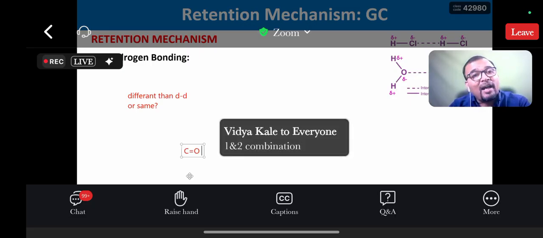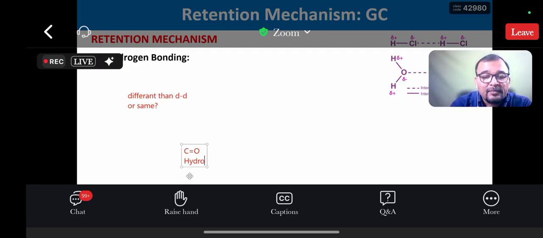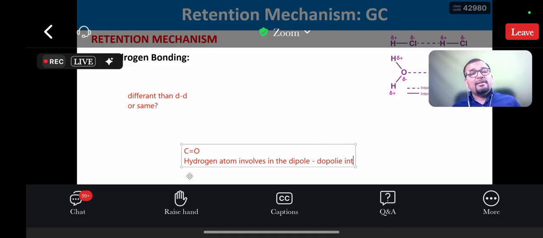Now, in hydrogen bonding interaction, the hydrogen atom is involved in the dipole-dipole interaction. That's the only difference. Rest all principle remains the same.